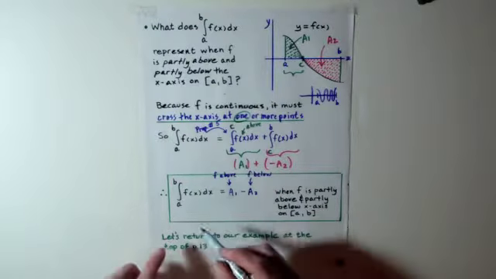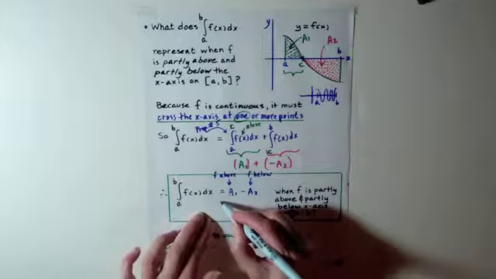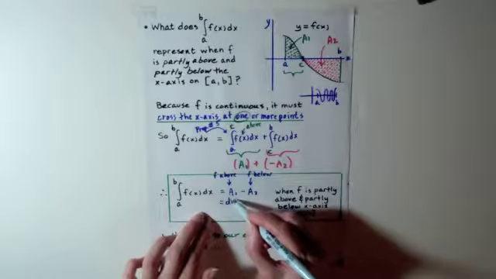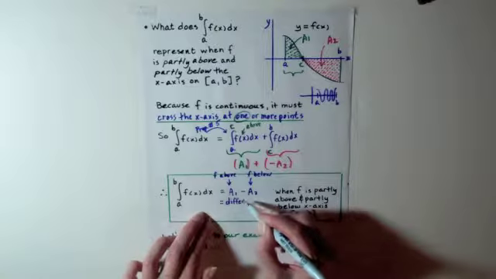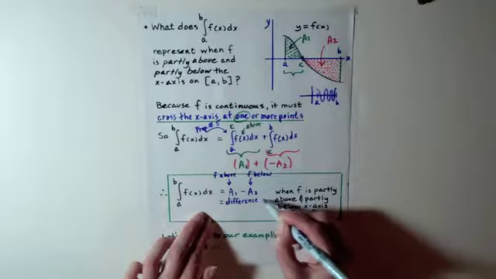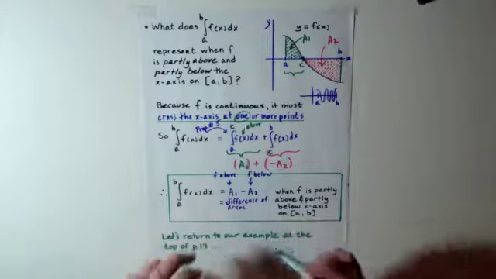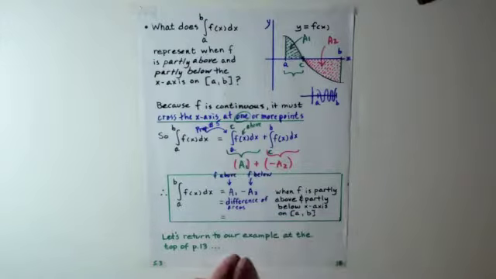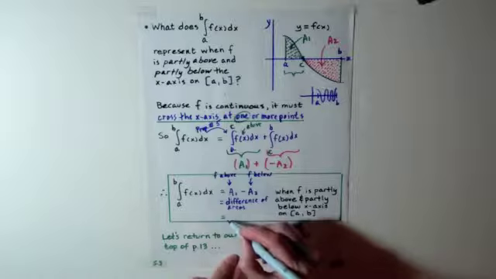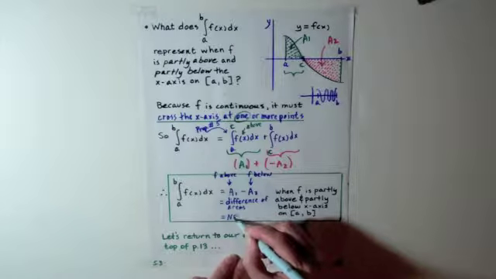What we often say is that the definite integral in this case represents a difference of areas, or another way of saying it is we say that it represents the net area.